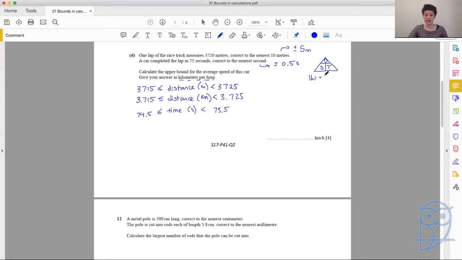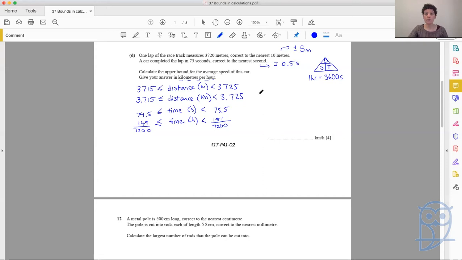So 1 hour is 3,600 seconds. That's a lot of seconds in an hour. So now we're going to convert our time in seconds to time in hours. So 74.5 divided by 3,600, that gives us 149 over 7200. 75.5 divided by 3,600, that comes out to 151 over 7,200.